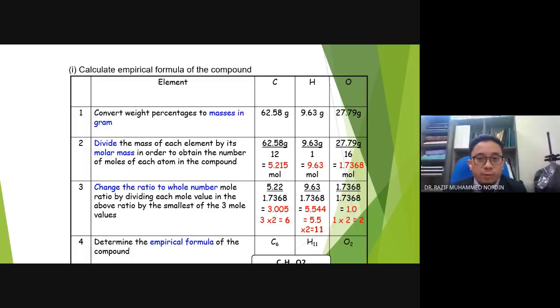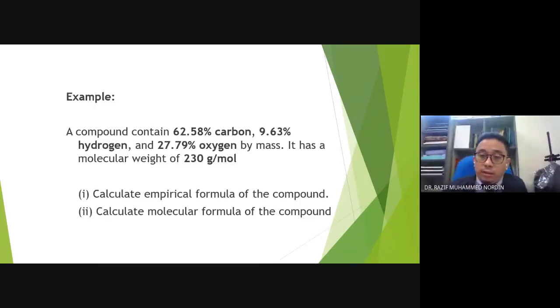Okay. Kita guna consideration that yang ni bila dalam percentage kita lihat compound tu adalah 100 gram.